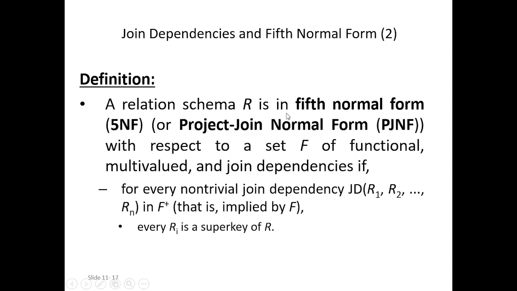A relation schema R is in fifth normal form, that is 5NF, which we can also call project-join normal form, with respect to a set F of functional, multivalued and join dependencies if, for every non-trivial join dependency JD of R1, R2, etc., Rn in F closure, that is implied by F, every Ri is a super key of R. That is the condition.